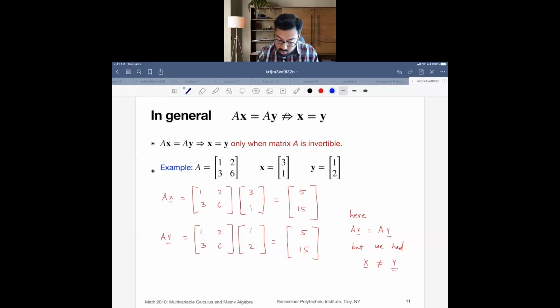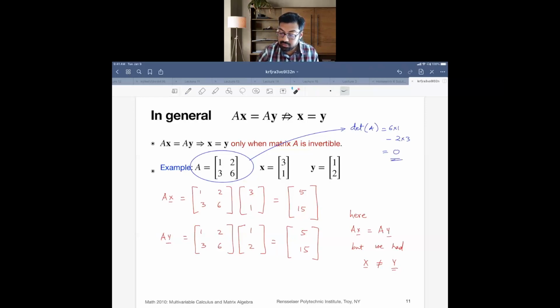Well, this was also true because over here, if I look at this, look at the determinant of this guy. Determinant of A was 6 times 1 minus 2 times 3, 0, right? So when the determinant of A was 0, which meant that A was not invertible, that is the reason we had AX equals AY, but X was not equal to Y, right?